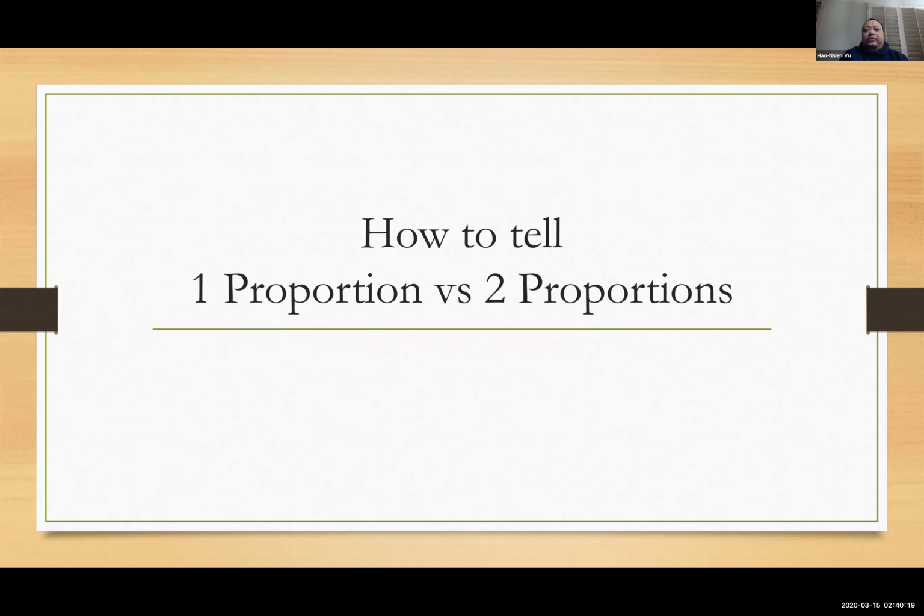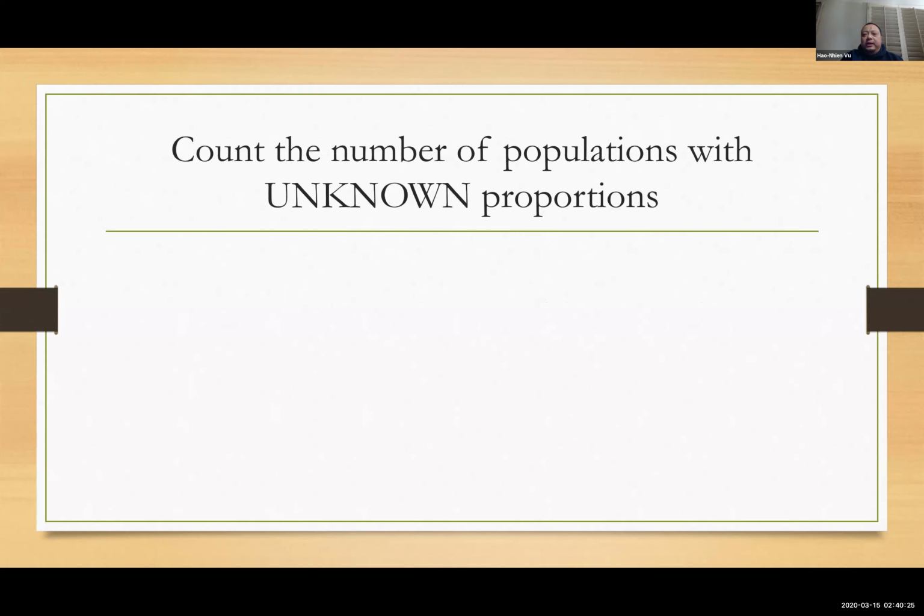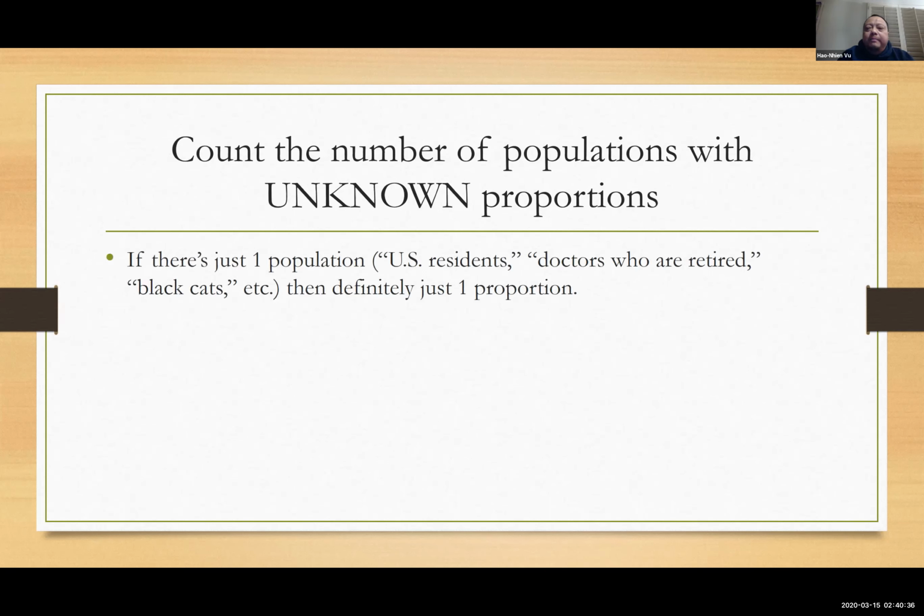Okay. All right, so that was the first decision. The second decision is to tell the difference between one proportion and two proportions. And here's how you do it. You count the number of populations with unknown proportions in it. Okay, that would be how many proportions you have. Now the good thing is if there's only one population, then that's the one.